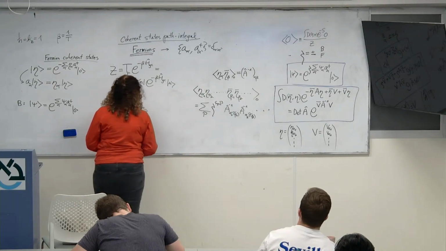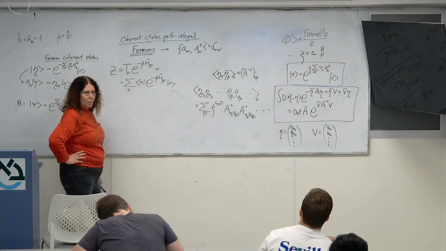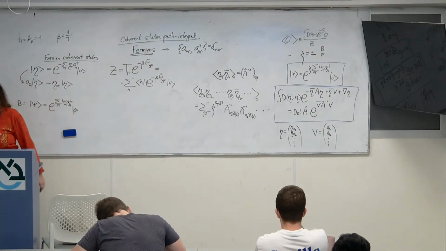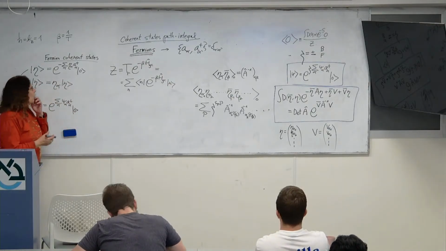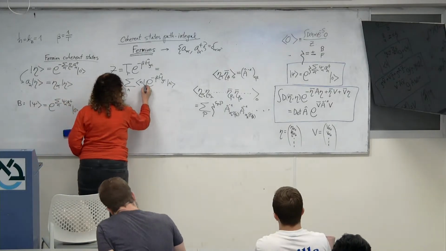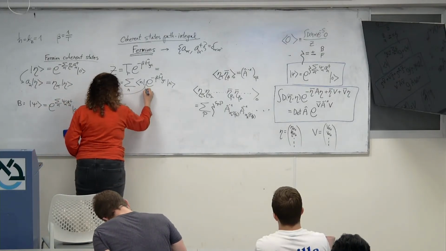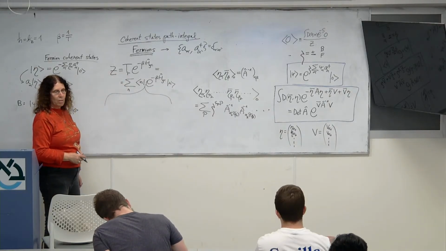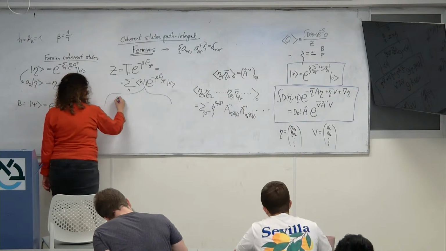Okay. I remind you how we did the path integral. The trick was to take this expression and put here a resolution of the identity. And the resolution of identity I write in coherent states. What is it?